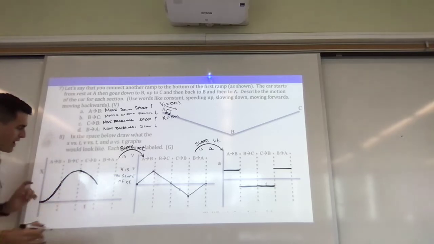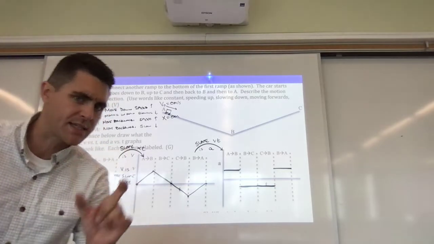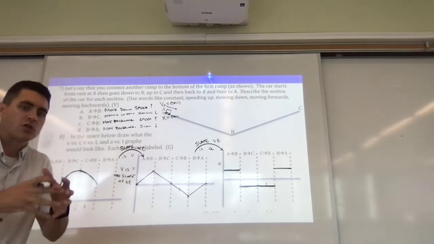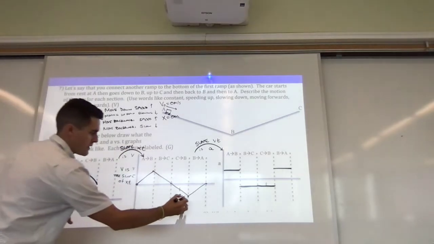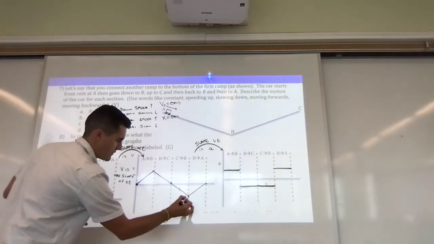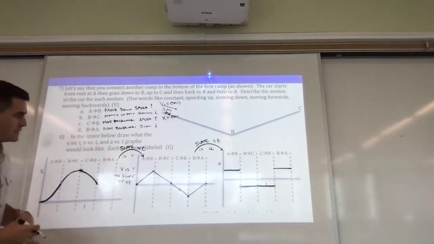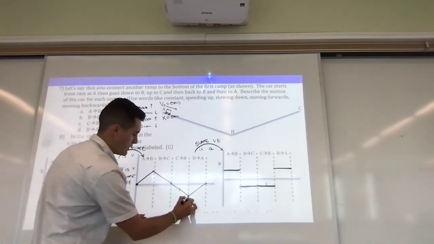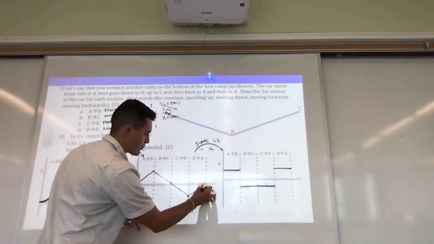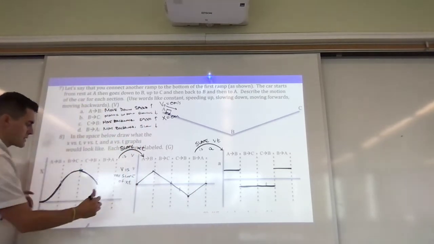There's my quadratic function that I would expect to see, and it's concave down, opening downward, because my velocity goes from 0 to very negative, so the slope of this graph goes from 0 to very negative. Finally, in that last section, my velocity was very negative, and it's approaching 0. Velocity is the slope.